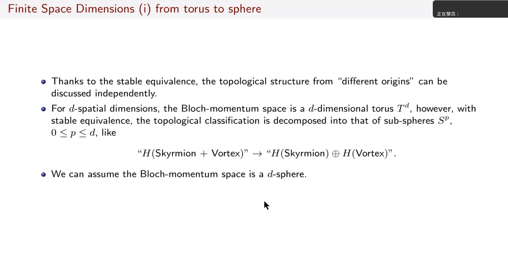The Skyrmion property is from two dimensions, and the vortex property is from one dimension. But with stable equivalence, we can decompose this complicated interplay into independent Hamiltonians. That means we can assume the Brillouin zone, the momentum space, is just a d-sphere, not a torus.